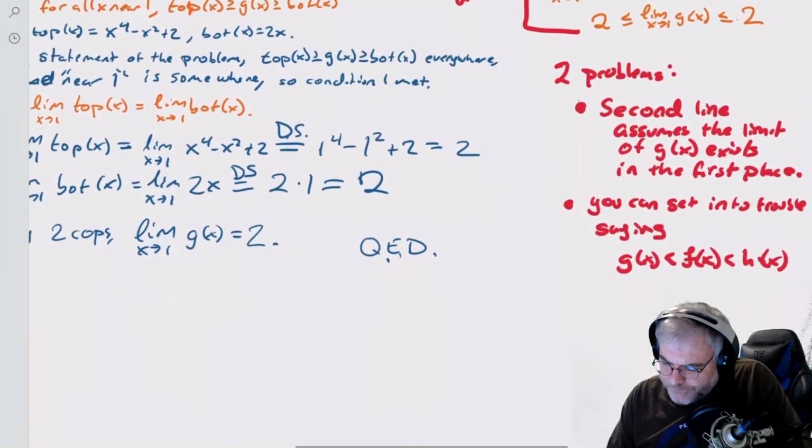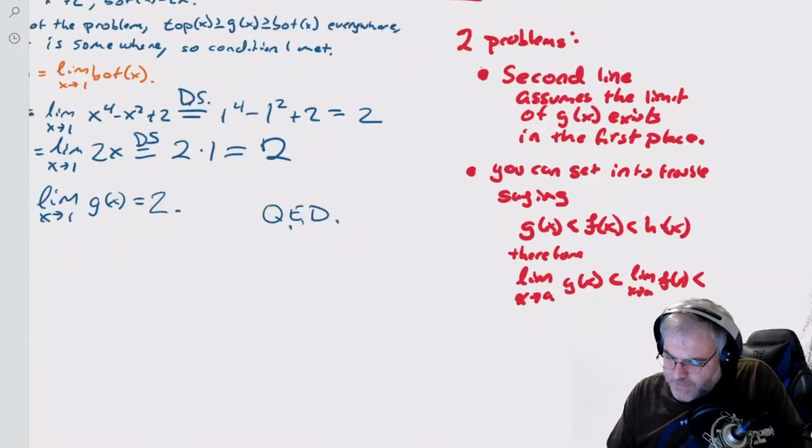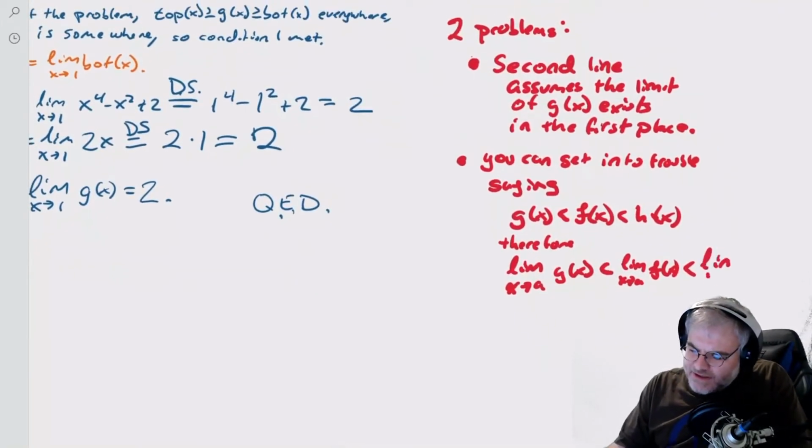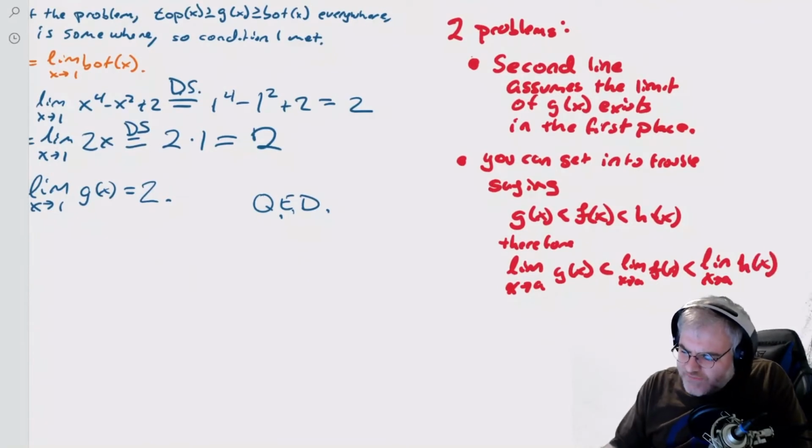Therefore, the limit as x goes to a of g of x is less than the limit as x goes to a of f of x is less than the limit as x goes to a of h of x. Because this is actually false. Can someone give me a counterexample of this?